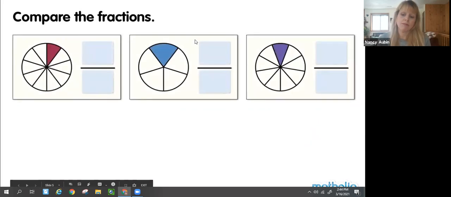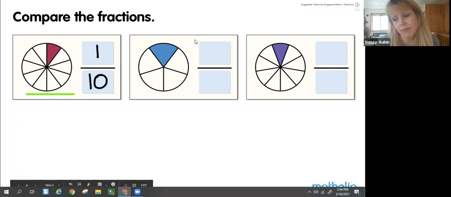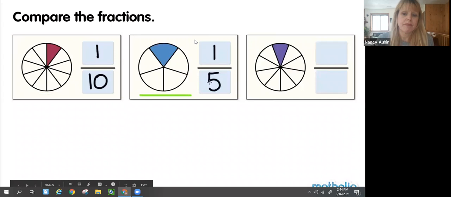Compare the fractions. This circle has 10 equal parts. One part is shaded. 1/10 of the circle is shaded. This circle has 5 equal parts. One part is shaded. 1/5 of the circle is shaded. This circle has 9 equal parts, and one part is shaded. 1/9 of the circle is shaded.